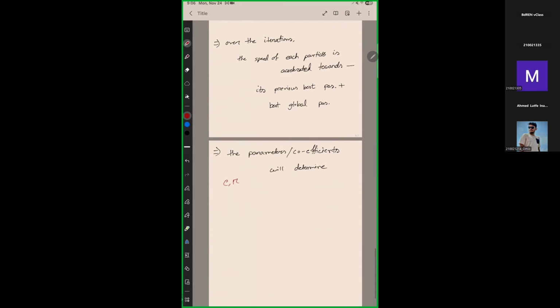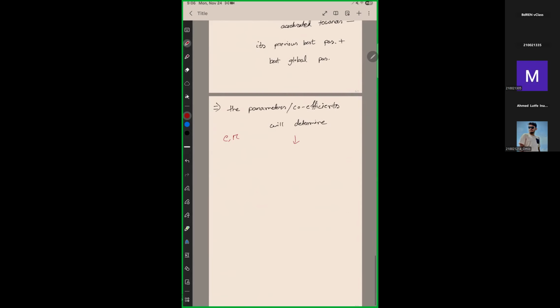These parameters will determine whether to prioritize local or global best. So the parameters or coefficients will determine whether to prioritize your local or global best.